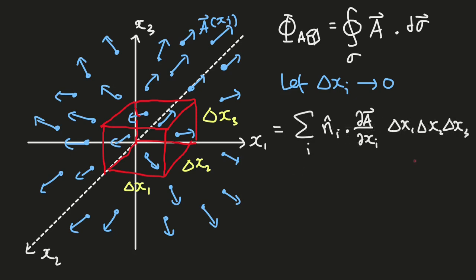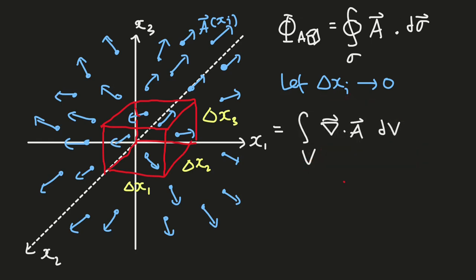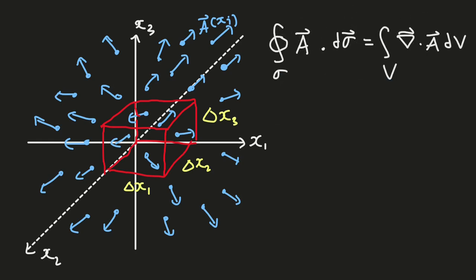Notice that for infinitesimally small delta x, this part is nabla dot A, and the delta x product is the infinitesimal volume dV. So the sum can be replaced by an integral via the Riemann sum, and we combine the equality as this.